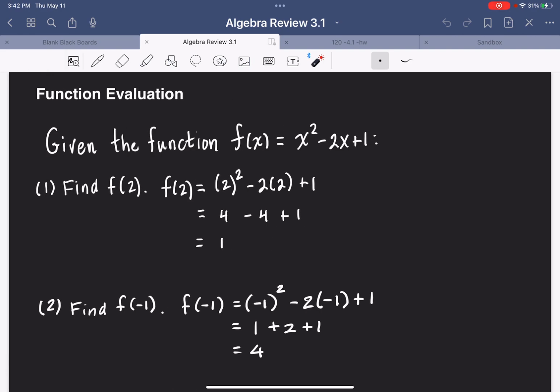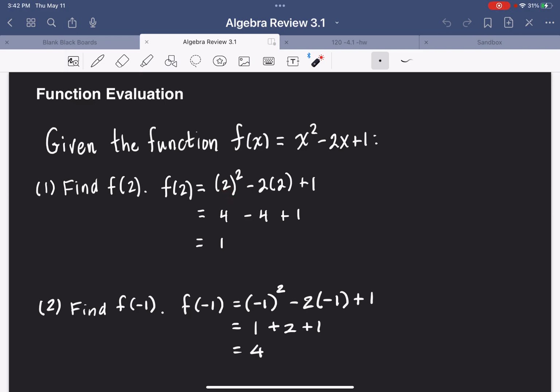So here is an example of function evaluation. Given the function f of x equals x squared minus 2x plus 1, find f of 2. So f of 2 means that we will input the value 2 everywhere in the function where we have an x. Now my suggestion to you is to use parentheses when you do this.